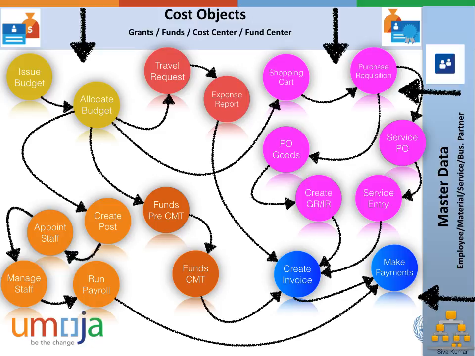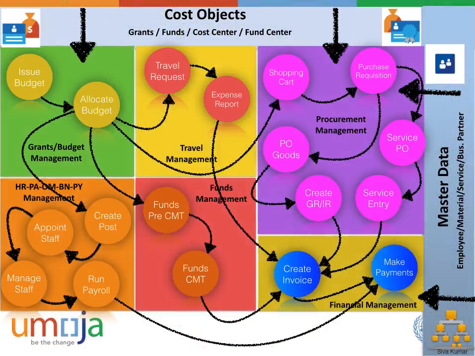If you look at it from a different angle, this whole process travels across multiple functional modules within SAP. It starts from grants and travels through your HR, funds, travel and procurement, and ends up in financial management.